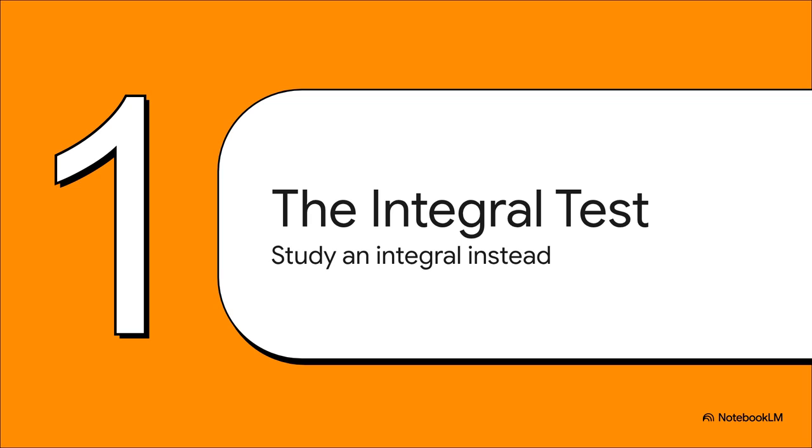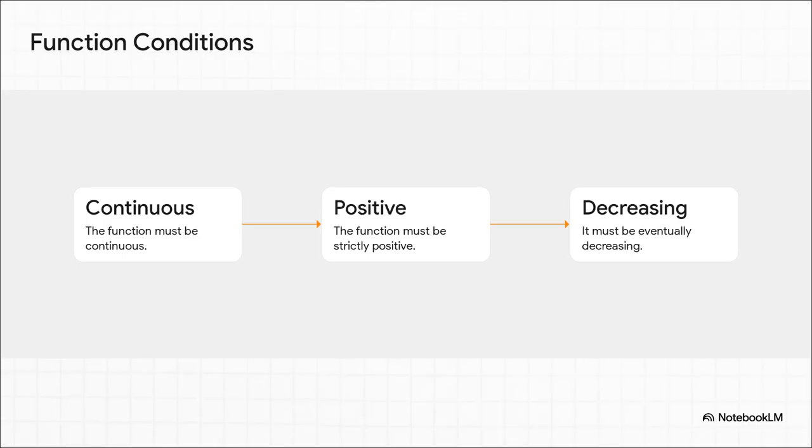This is where we study an improper integral instead of the series itself. So the integral test is based on this genuinely brilliant idea. Instead of wrestling with a clunky, difficult series directly, we completely sidestep it. We study a related improper integral that uses the exact same function. But hold on, before you even think about integrating, you have to run through a mandatory safety checklist.